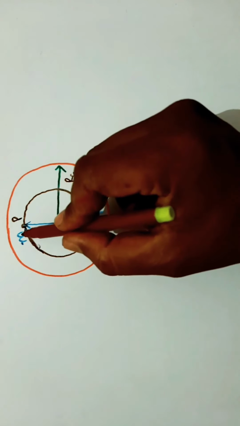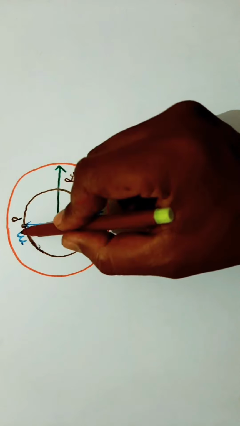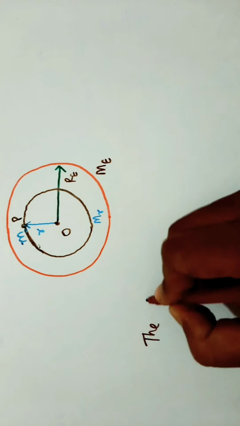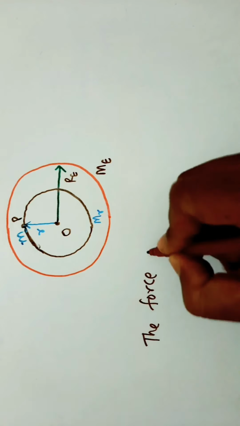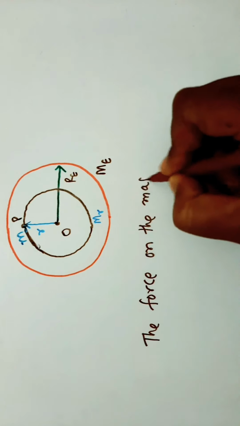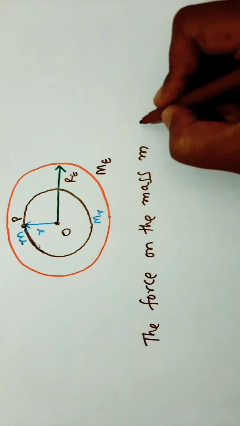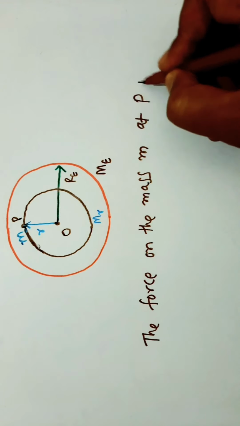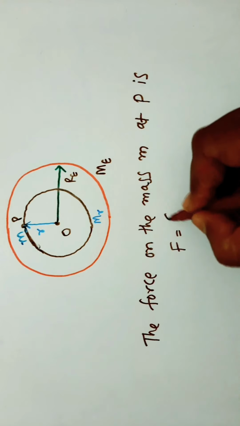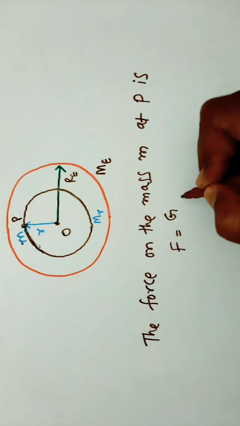The force on mass m at point P is F equal to G M1 M2 by R square.